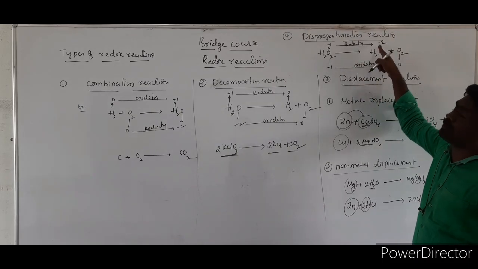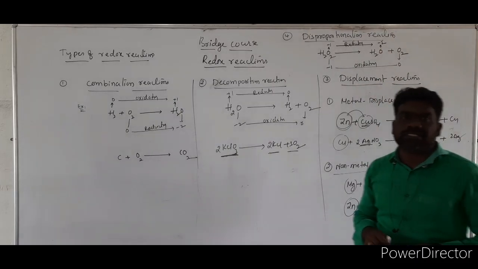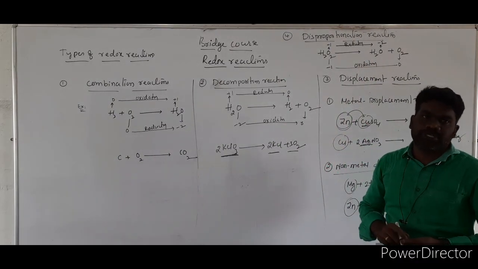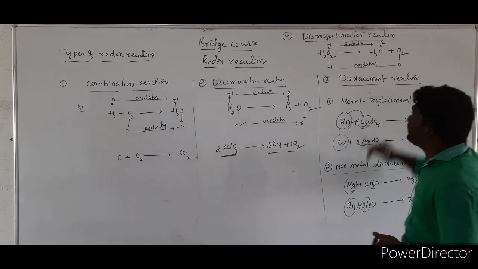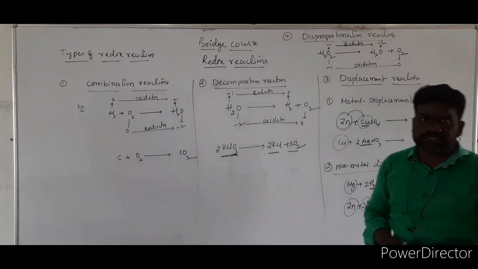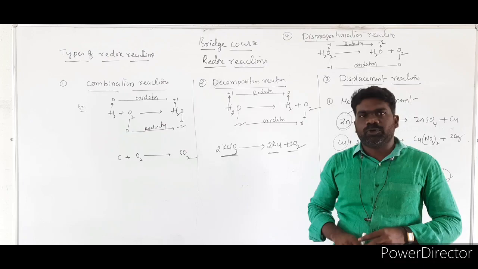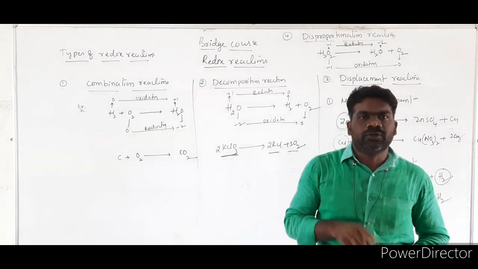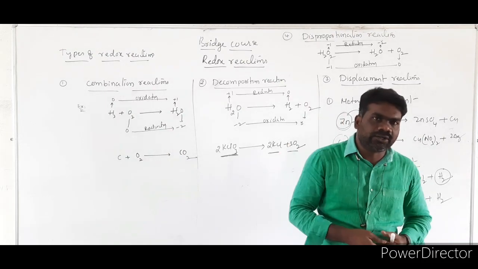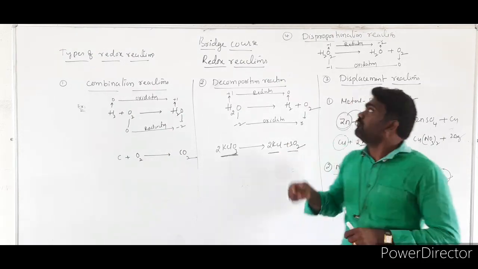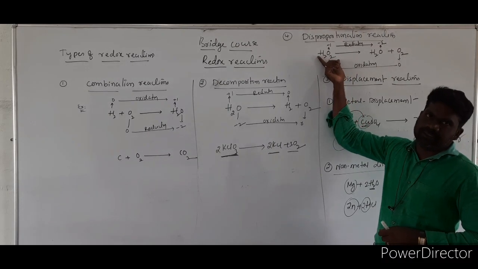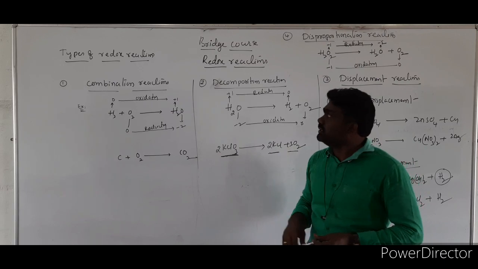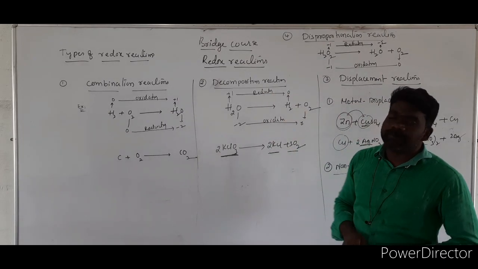In this reaction, one product is at a higher oxidation state, one product is at a lower oxidation state. Such reactions are called disproportionation reactions. The disproportionation reactions are the reactions in which only one compound simultaneously undergoes oxidation and reduction and produces products in which one is at a higher oxidation state and one is at a lower oxidation state when compared to the original reactant. Such types of reactions are called disproportionation reactions.